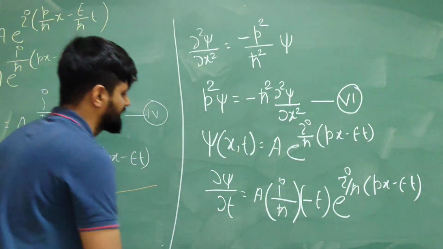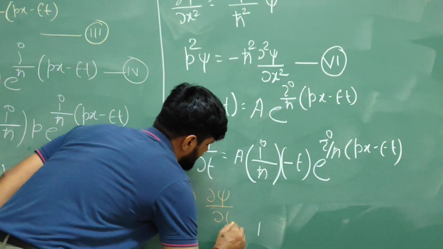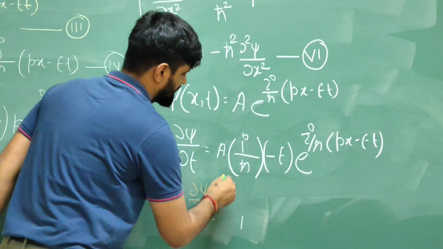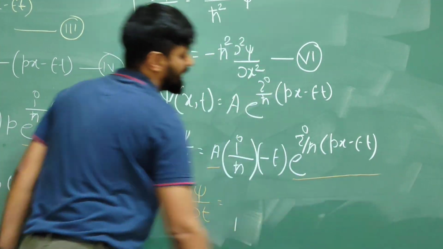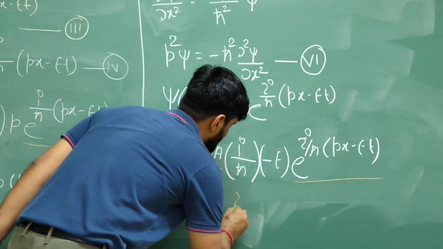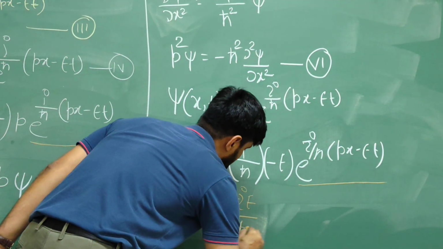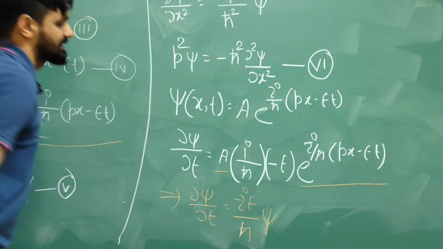So finally here you will be left with del psi by del t, that is equal to what? A e to the power i by h squared (px minus Et), that will give you the value of psi. So finally you will be left with minus i E by h squared psi.